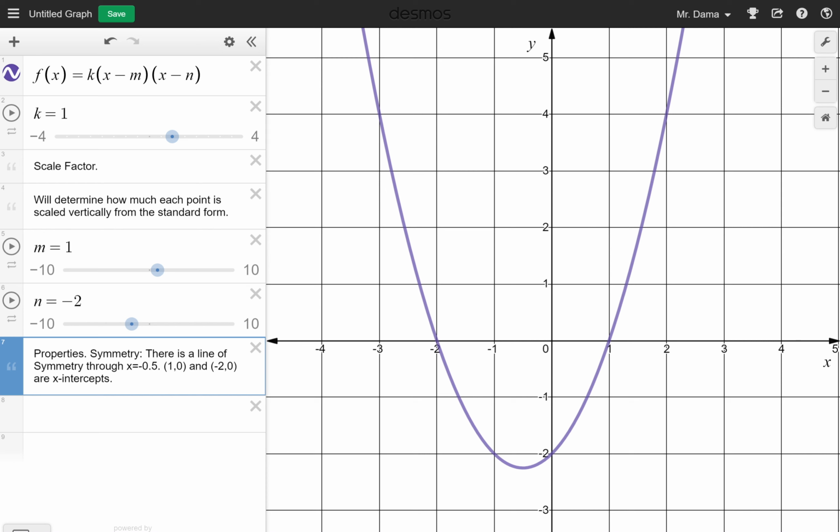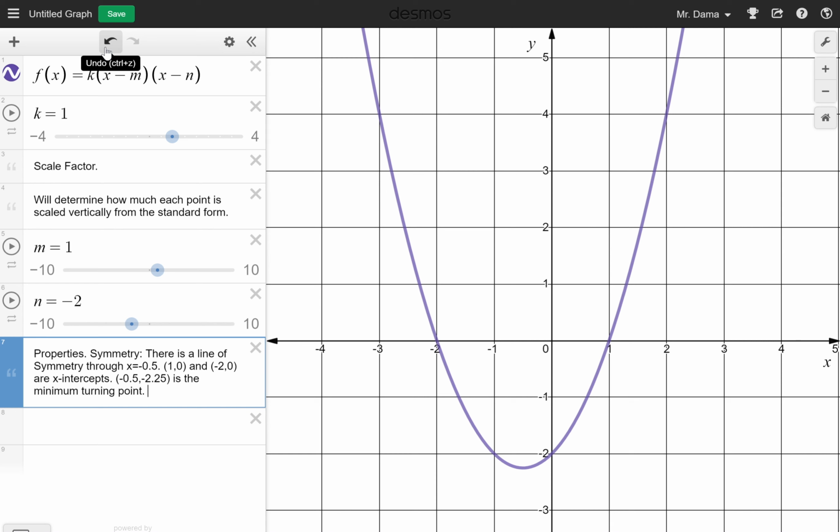The minimum is (-0.5, -2.25), the minimum turning point. Okay, how many have I got? I've got symmetry, x-intercepts, and turning point. I now need to write the domain and the range.